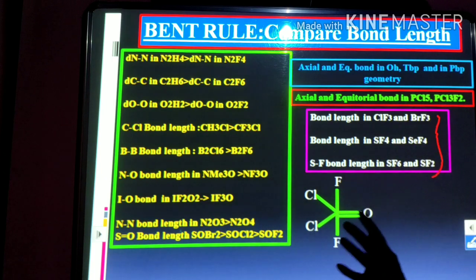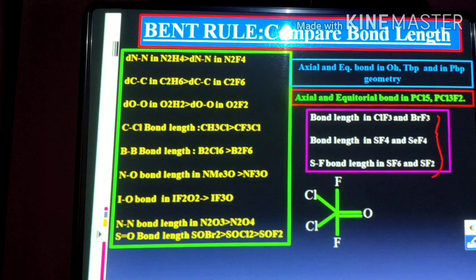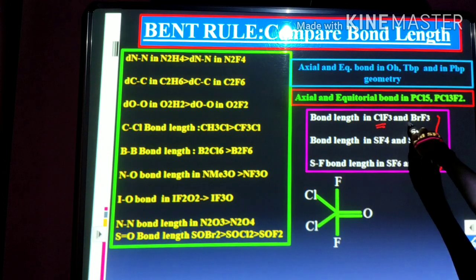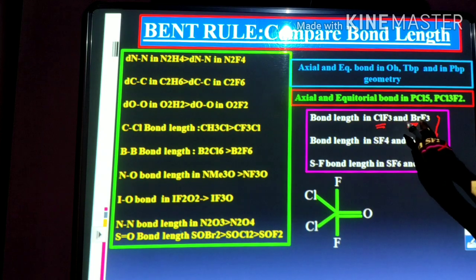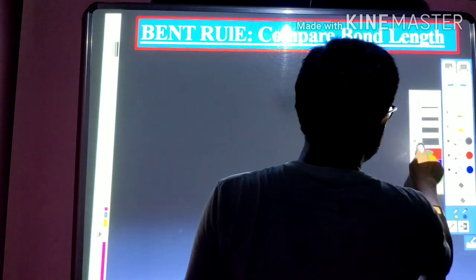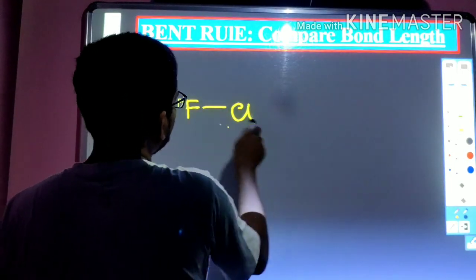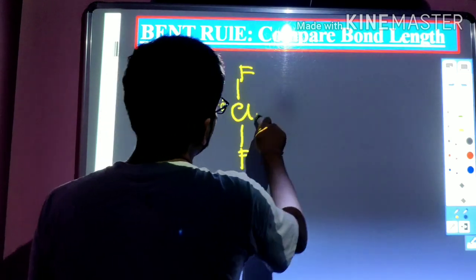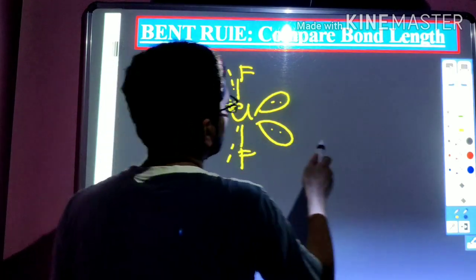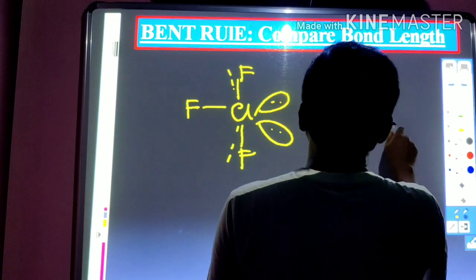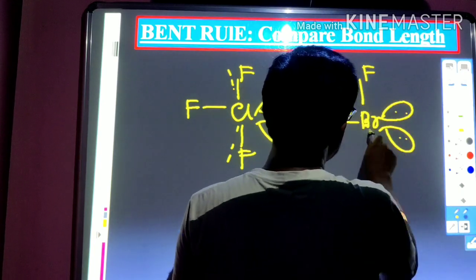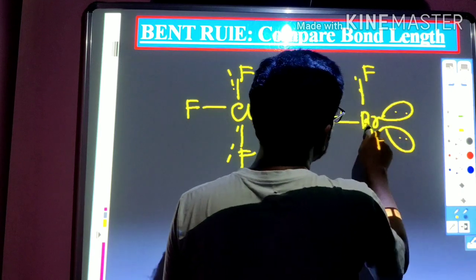In the case of ClF3 and BrF3, everything is the same, only the central atom is different. ClF3 has Cl with three F and two lone pairs of electrons. BrF3 has Br with three F and two lone pairs.